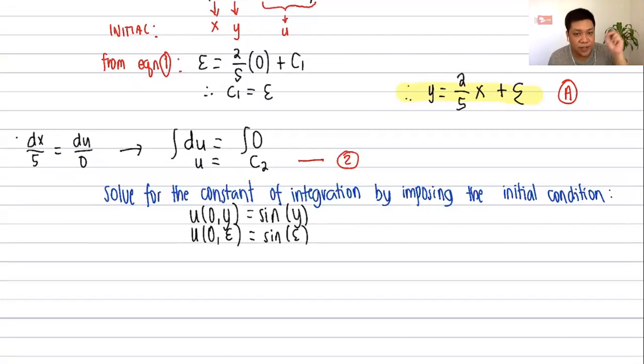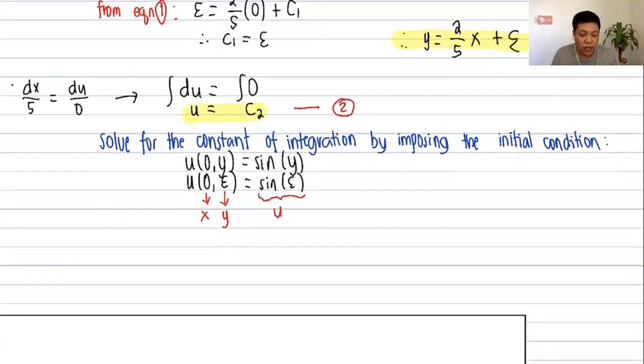Let's say that point is epsilon, and the value of u at (0, epsilon), the initial condition, is sine epsilon, such that 0 here is x, epsilon here is y, and sine epsilon here is the value of u.